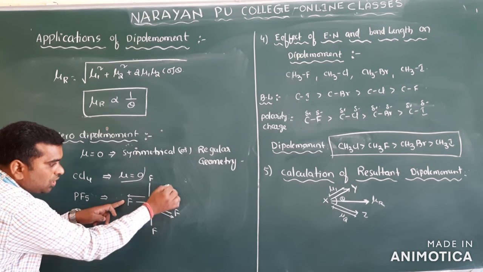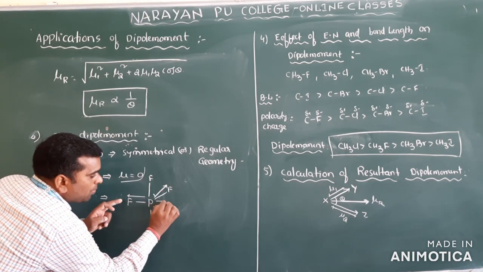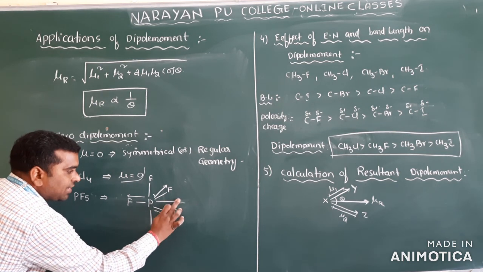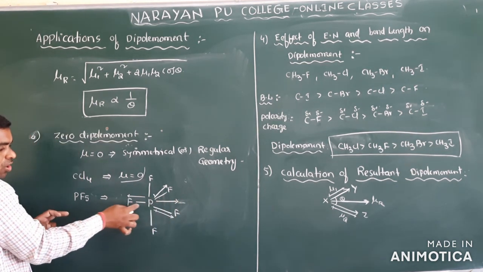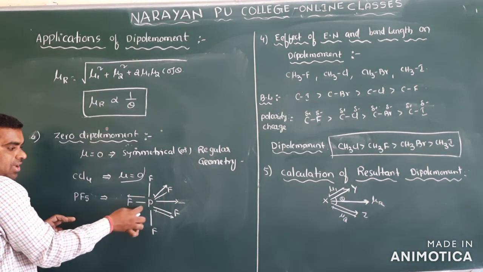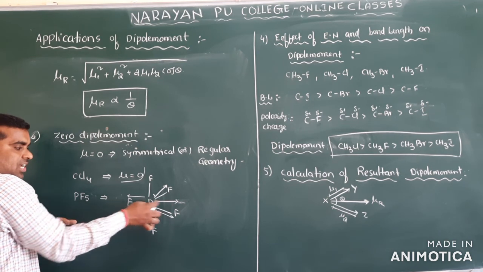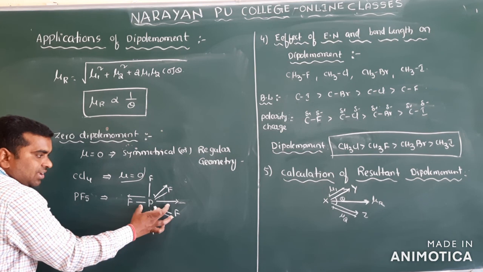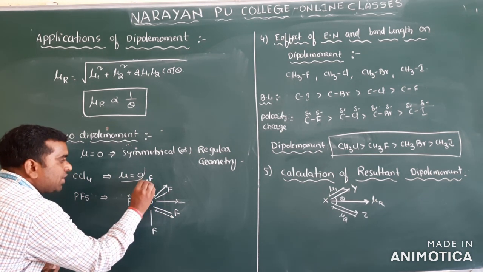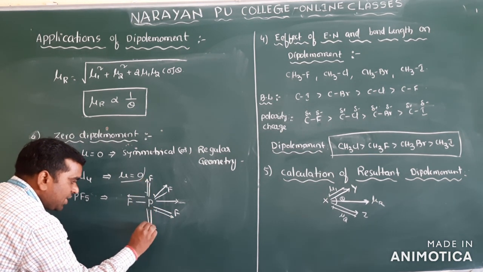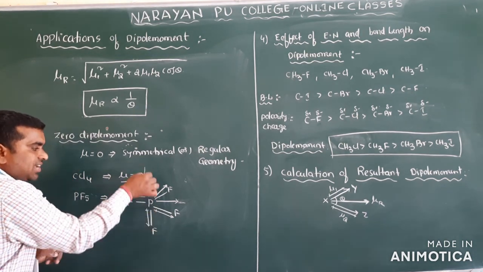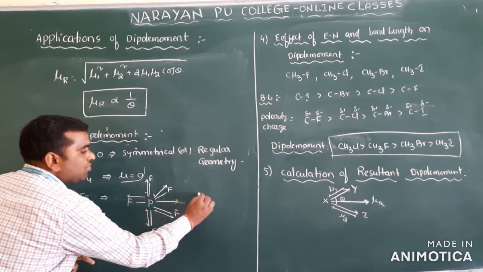The resultant of these two bonds and the third bond's dipole moment are equal in magnitude and opposite in direction, so the dipole moment will be cancelled. The up and down dipole moments will also cancel each other. So totally the dipole moment will be zero.